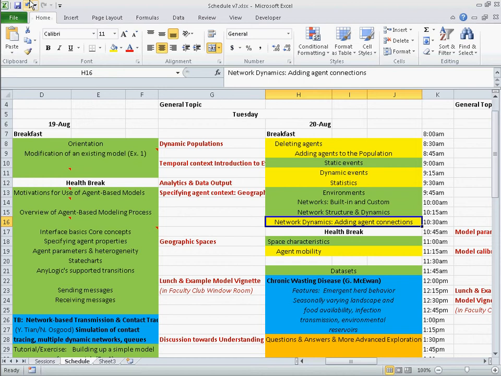Okay, that's a good question. There is a connections per agent formula there. So Scott, maybe you could quickly check for me, or one of the other TAs: is connections per agent a field that has to be constant, or can that actually be an expression?